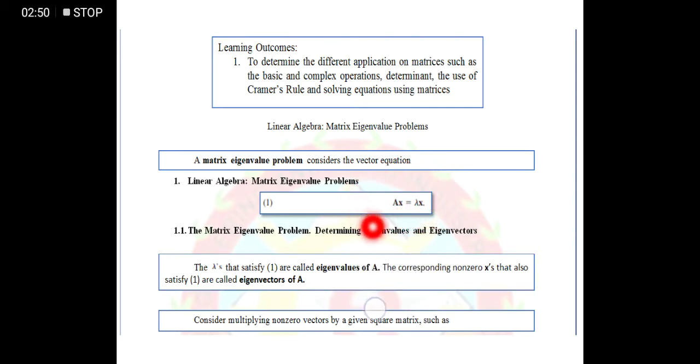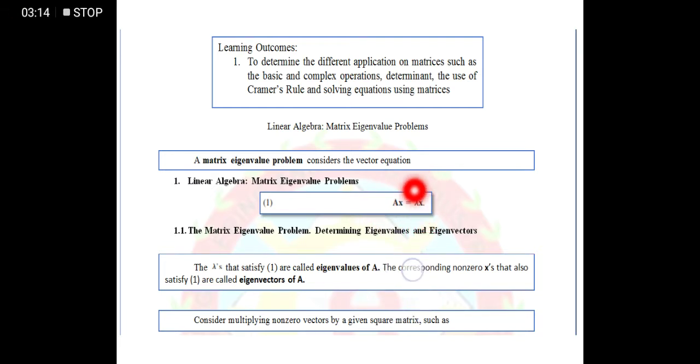So when you say eigenvalue, that is the value of lambda where this equation can be satisfied. Those are the possible values defined to satisfy this equation.